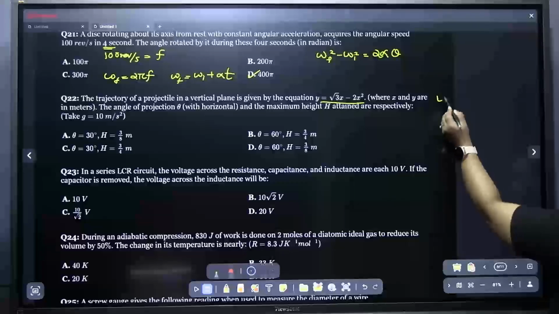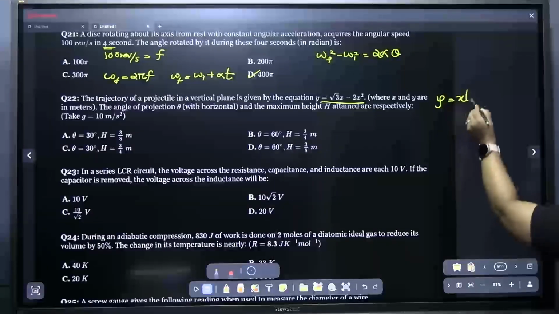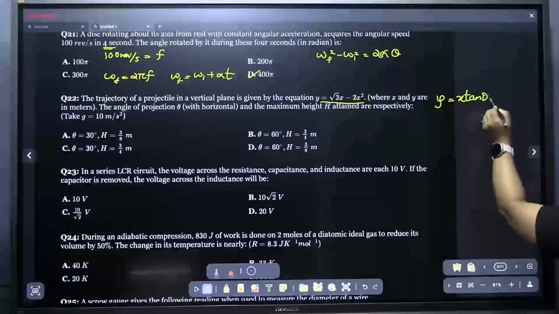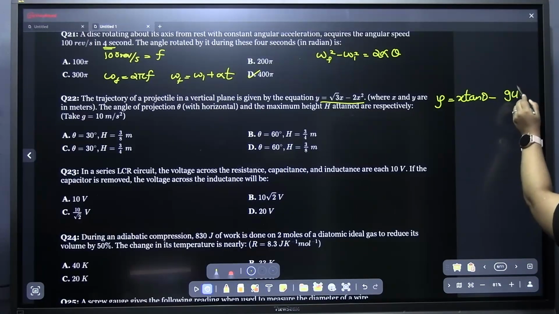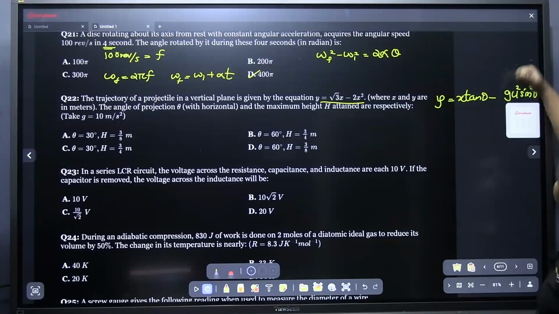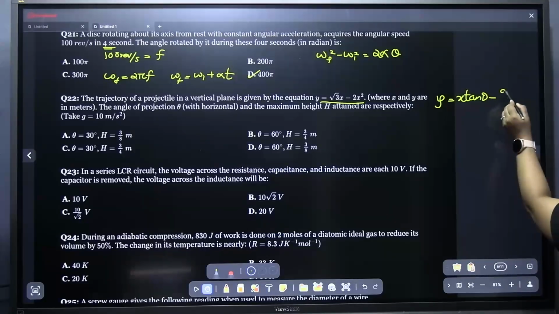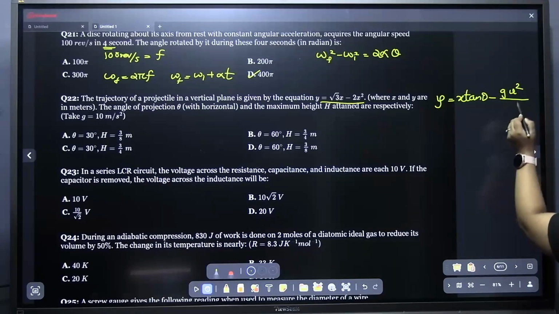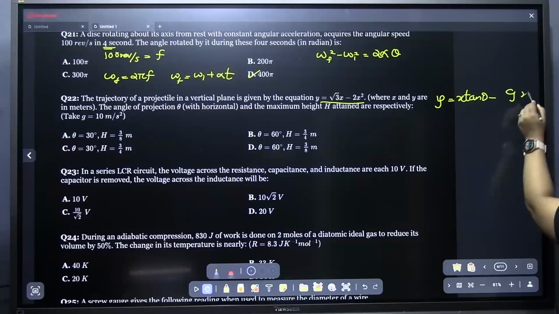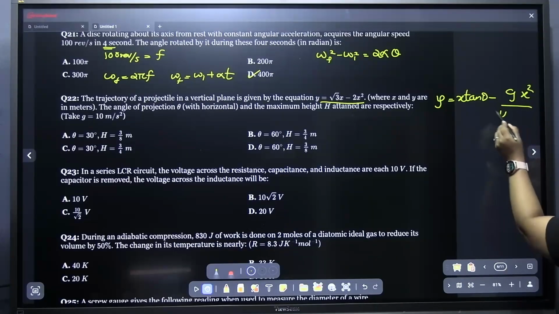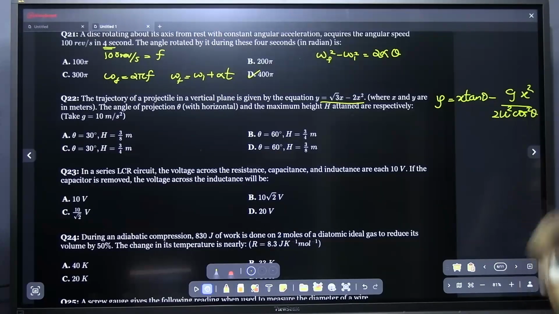The trajectory equation we usually get as y equal to x tan theta minus g x square by 2 u square cos square theta.